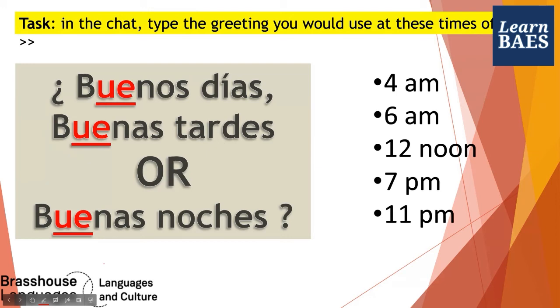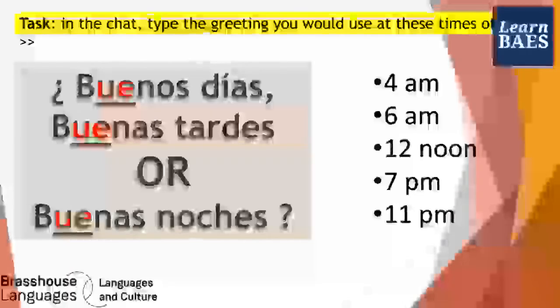And can I ask you a question, Javier? Because we say good night when we say goodbye to somebody in the evening. Is it the same in Spanish? Do you say buenas noches when you say goodbye to somebody? Sí, perfecto. You can say adiós, buenas noches. When you're leaving somewhere in the evening, it's very nice to say adiós, buenas noches. But if you meet somebody at 10 p.m., 11 p.m., you will still say buenas tardes.